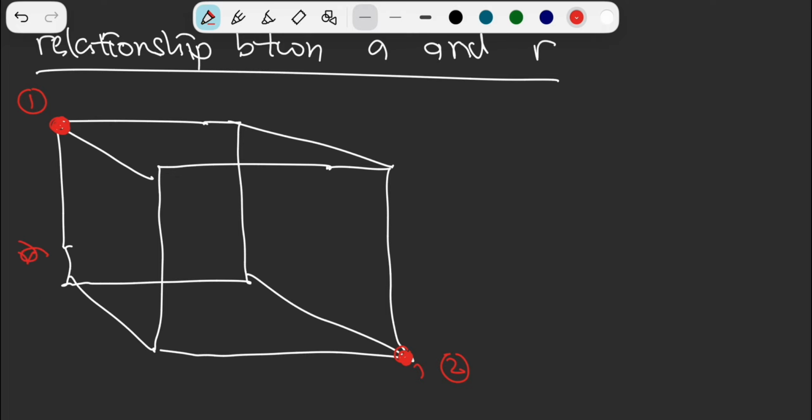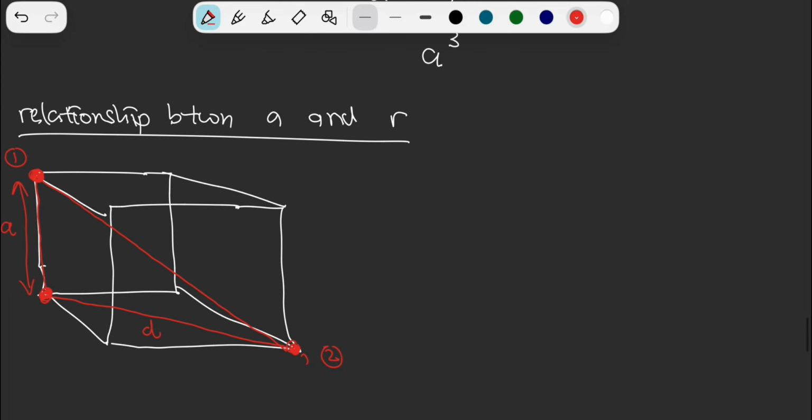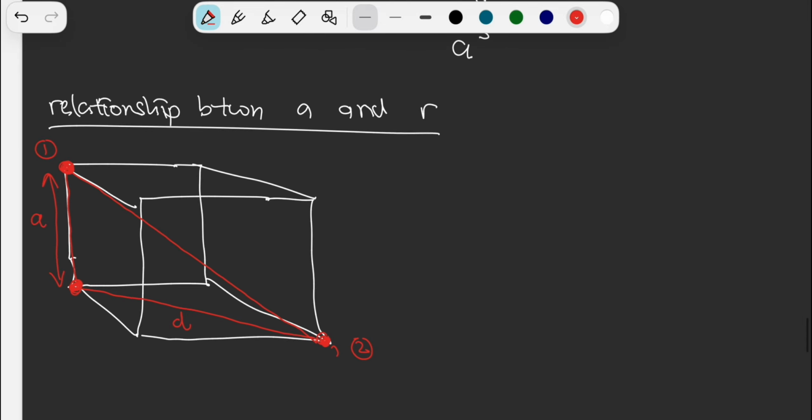But I can also arrive at 2 using a triangle. So if I move down like this and arrive at this position, this is my lattice parameter A. I can then move diagonally like this, that's D. Then I arrive at point number 2. And what I basically want to find is the length of this diagonal over here. So it's a very simple triangle that I can extract.